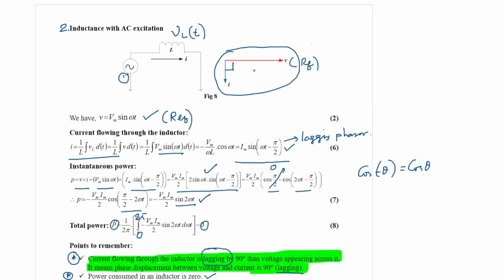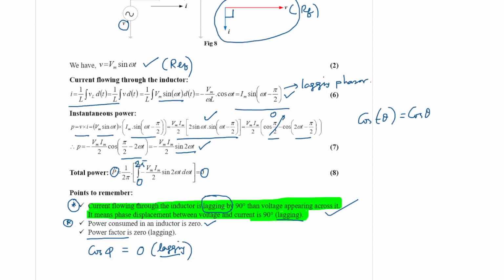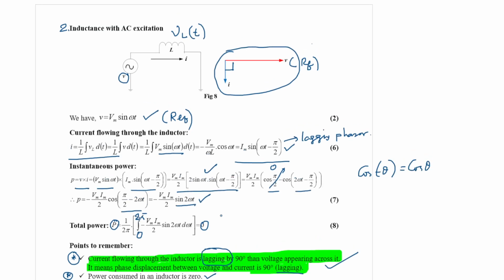So we have two important observations. First, current flowing through the inductor is lagging the voltage by 90 degrees. This is observation number one, very important. And second, power consumed in an inductor is 0, which has already been discussed previously. So these two observations we have made.